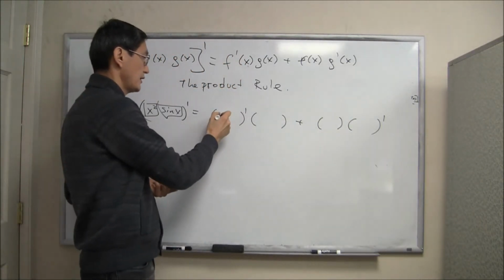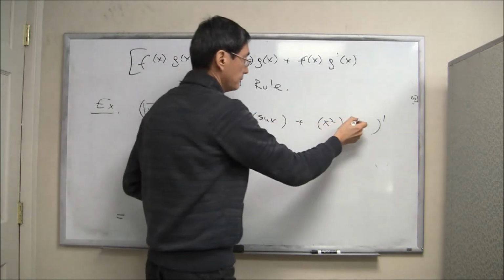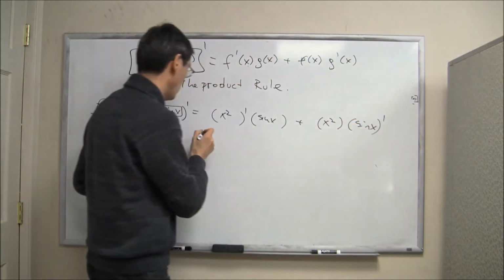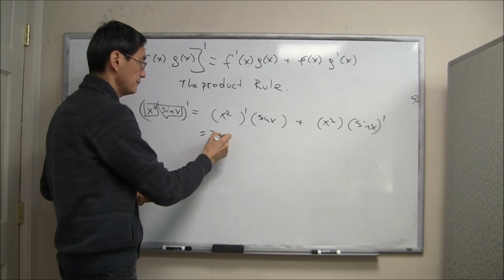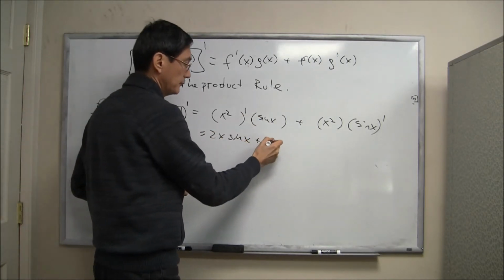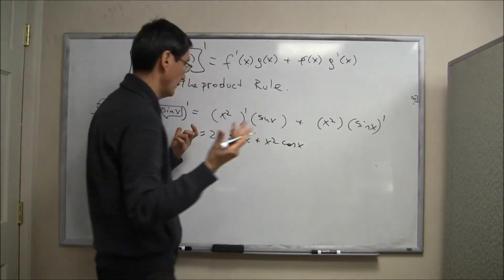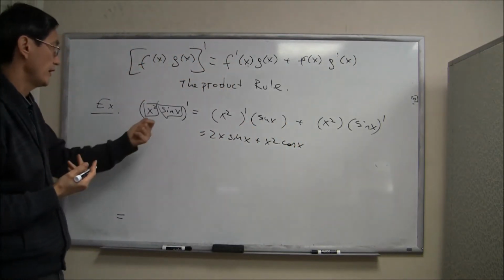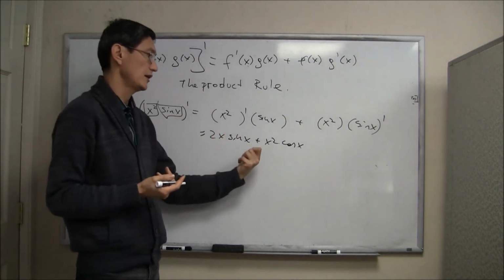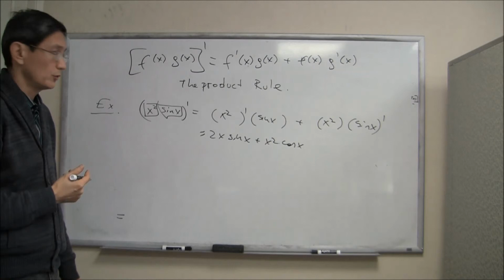My first function is x squared, my second function is sin x. I recall that the derivative of x squared is 2x, keeping sin x as sin x, plus x squared times the derivative of sin x, which is cosine x. And that will be my answer. So the derivative of x squared sin x is 2x sin x plus x squared cosine x, using the product rule.